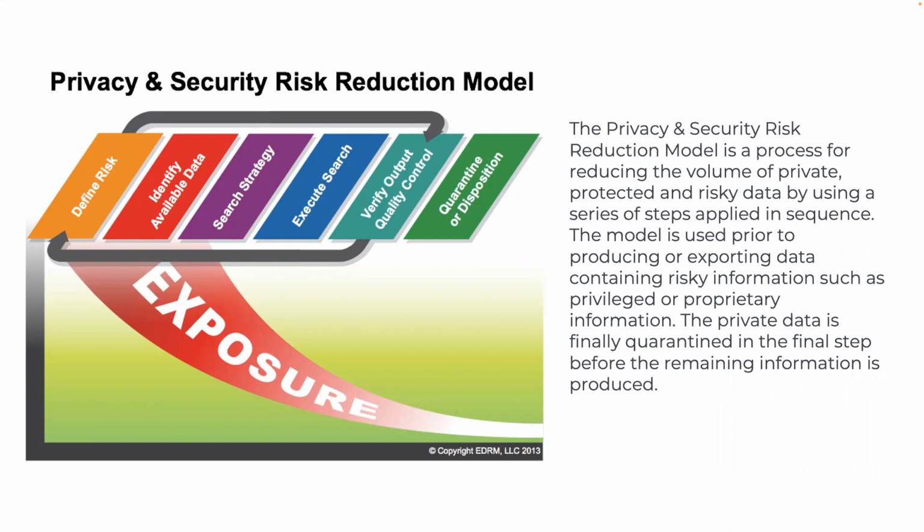And as we work our way through the risk reduction model, our exposure decreases over time. And so it's an iterative process where we're refining our rules and policies to get the outcomes that we're looking for, thus reducing our exposure.